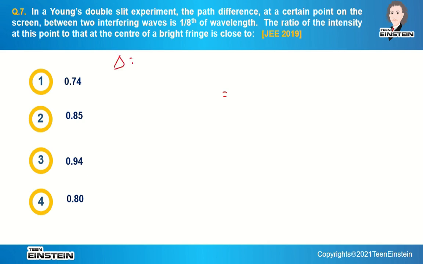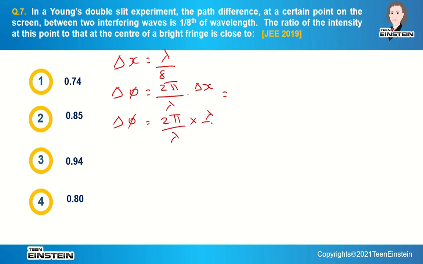The path difference del x is equal to 1/8 of the wavelength, so lambda by 8, and the phase difference del phi will be equivalent to 2 pi by lambda into del x. So del phi will become 2 pi by lambda into lambda by 8, because del x is lambda by 8. So you will get the del phi value as pi by 4.